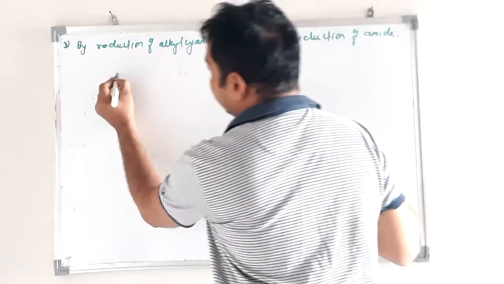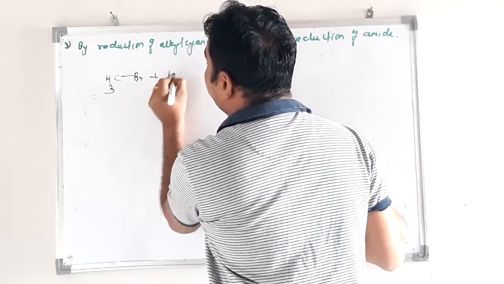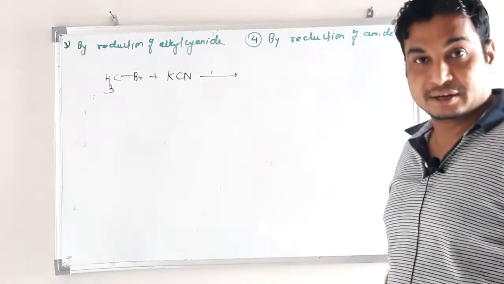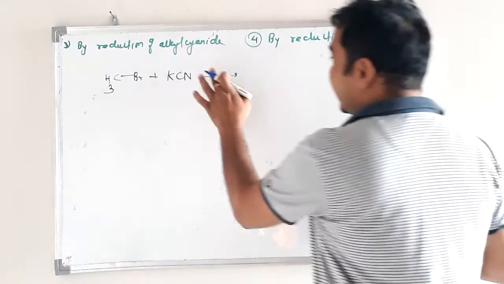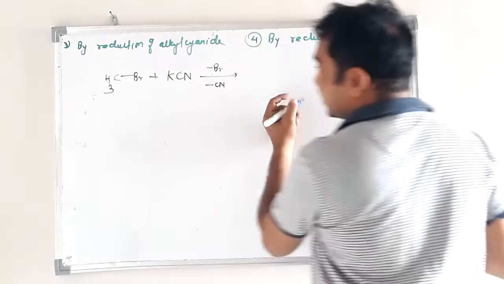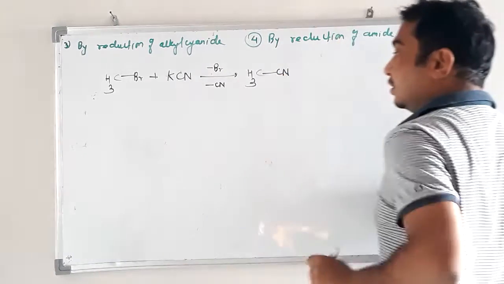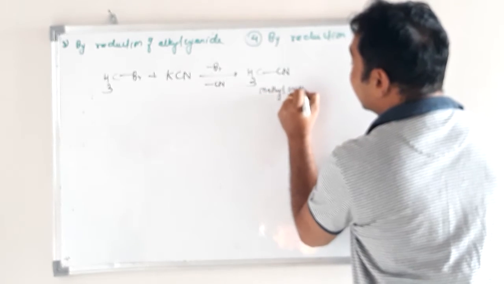First, this methyl bromide is treated with KCN, potassium cyanide. Very simple reaction, a nucleophilic substitution reaction. In this reaction, the Br gets replaced by CN minus and it will give CH3CN. That is a nucleophilic substitution reaction, methyl cyanide will form.